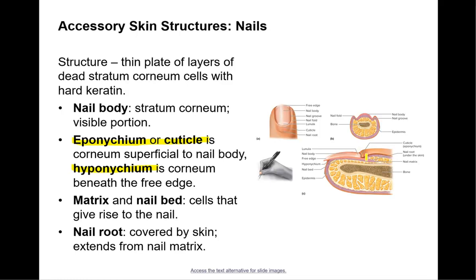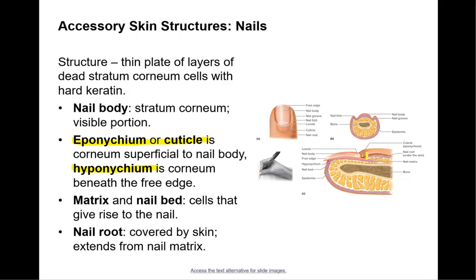And then the cuticle or eponychium is here. The lunula is like a half moon shape that you see here at the part where the nail contacts the skin.